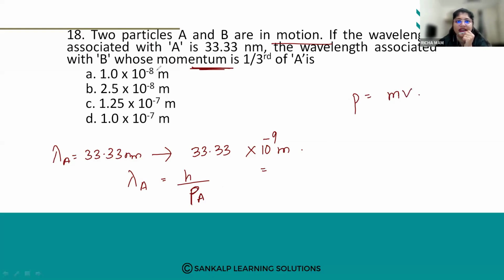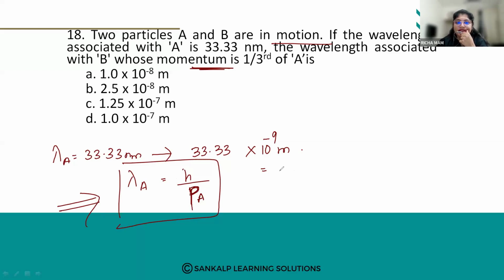So we have taken from the de Broglie equation, that is lambda is equal to Planck's constant by momentum.